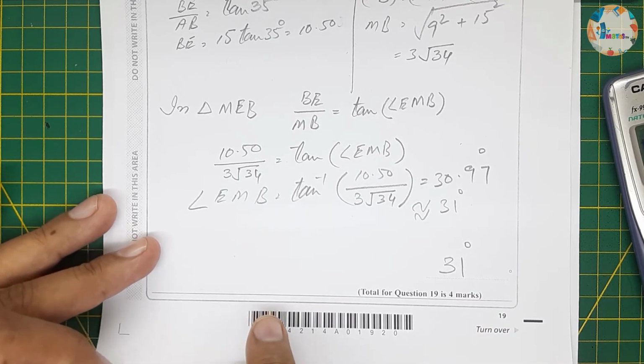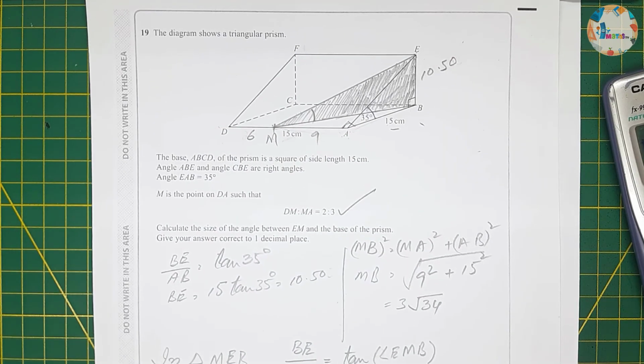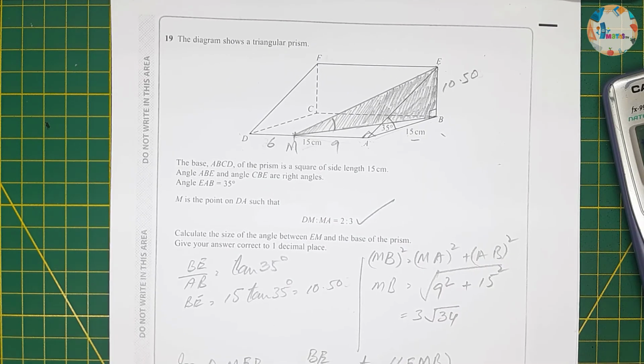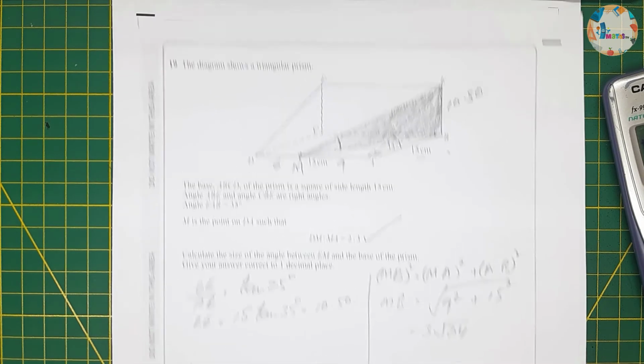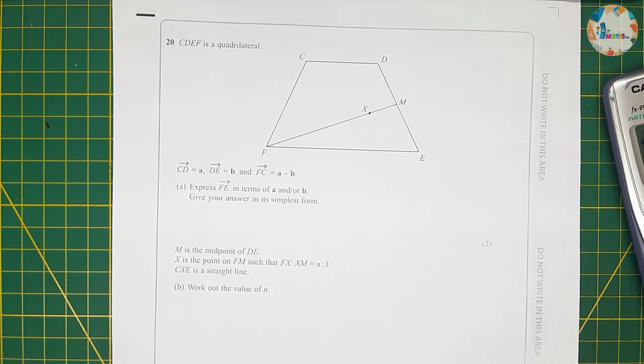Hopefully you understood this. This is a 3D diagram question, a little tricky question. Now question number 20, the last question of this paper. CDEF is a quadrilateral.